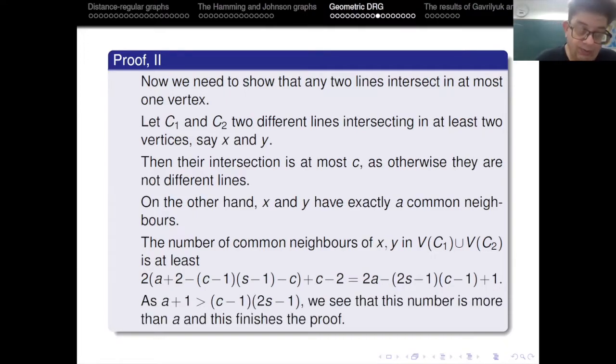Then we use the condition that a+1 is bigger than (c-1)(2s-1). So we see that this number must be more than a, and this finishes the proof. So that means that is a contradiction. They have more than a common neighbors, so that's not possible. So that gives you a contradiction, and that finishes it.